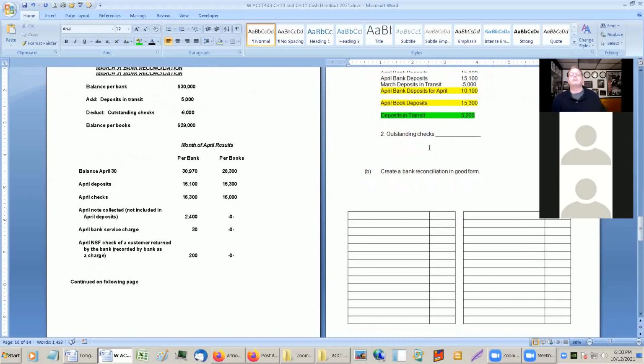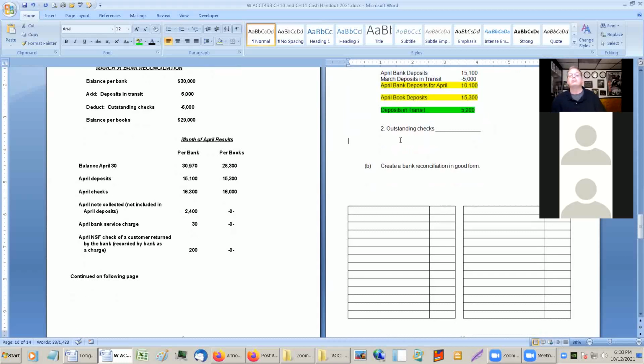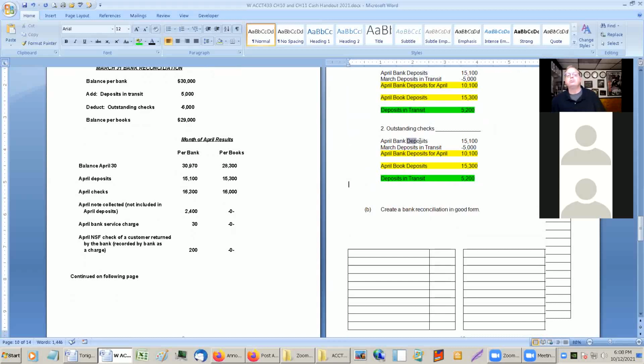And the same thing down here. Okay, bank checks cleared were 16,300. $6,000 for outstanding checks from March.